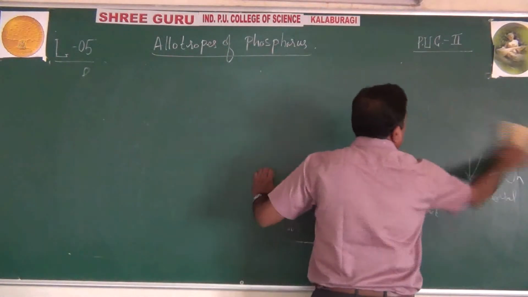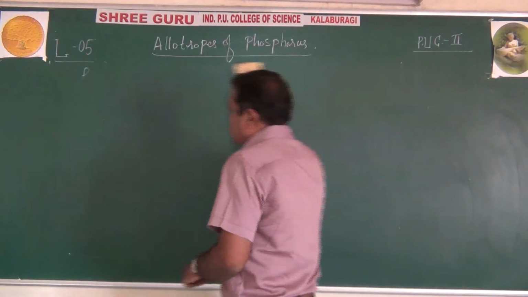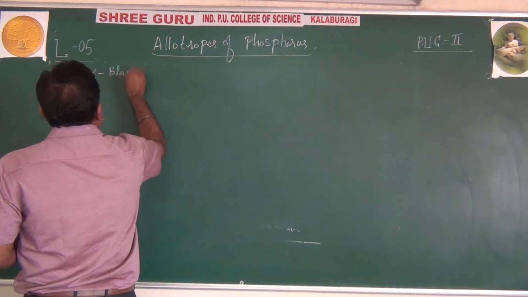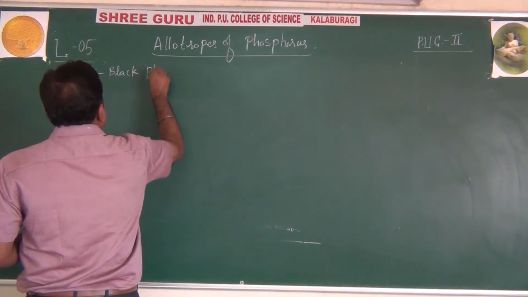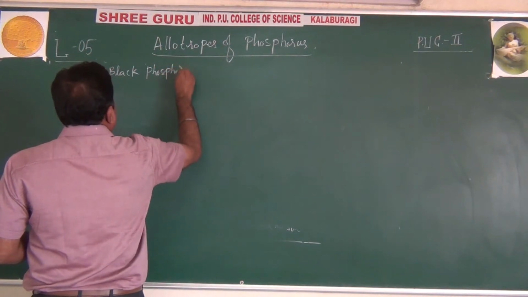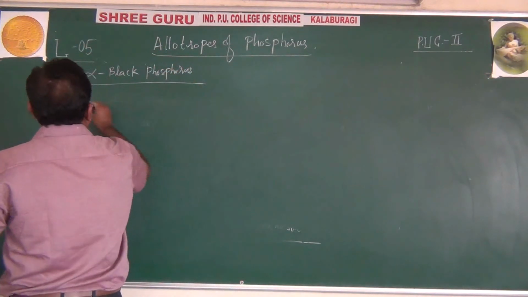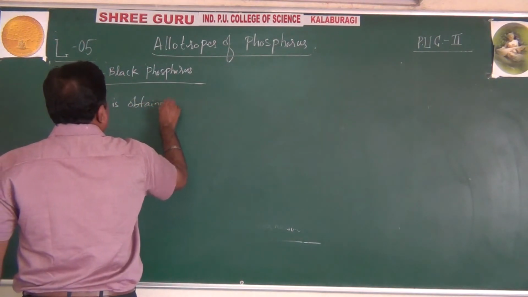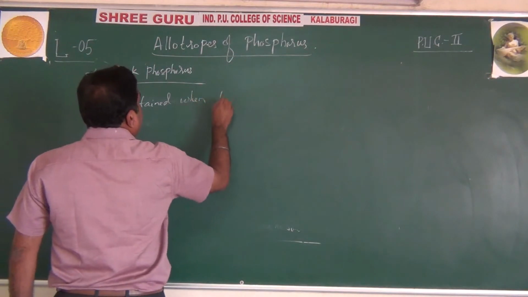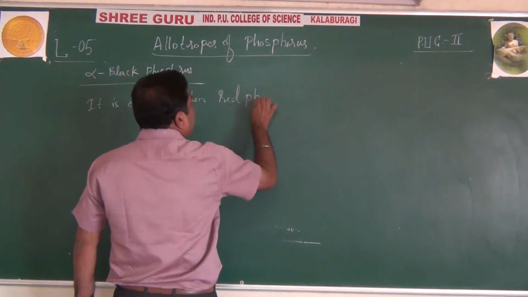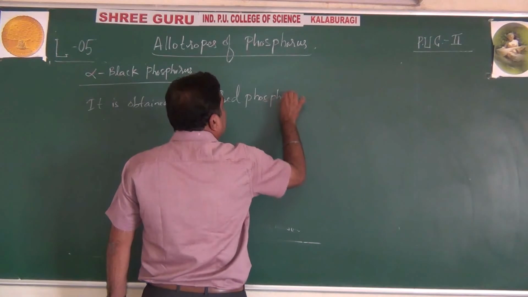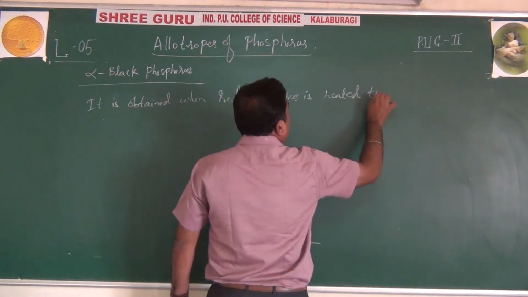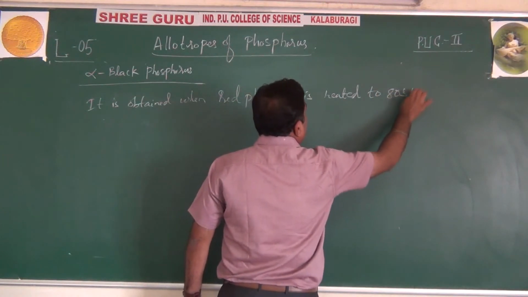when it is heated to 803 Kelvin, remember, 803 Kelvin, red phosphorus transitions to alpha black phosphorus. This alpha black phosphorus is obtained when red phosphorus is heated to 803 Kelvin.